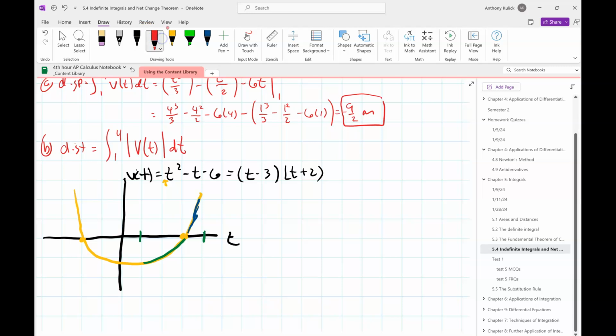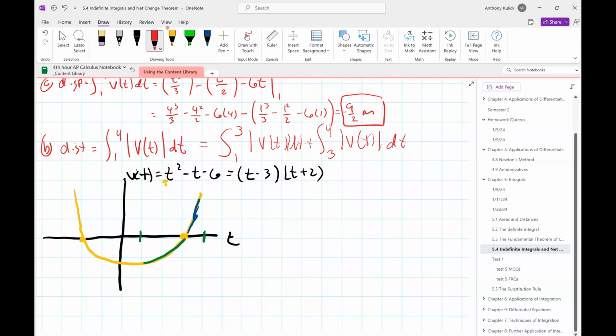So what we're going to do then is we're just going to chunk it into the part that we know is negative and the part that we know is positive, oops, forgot my dt. We wrote the negative part first.